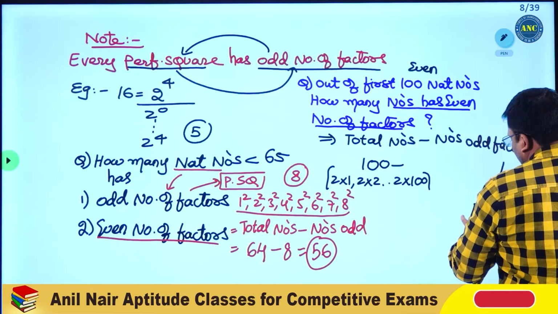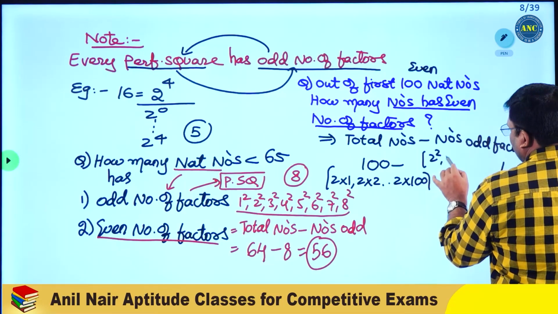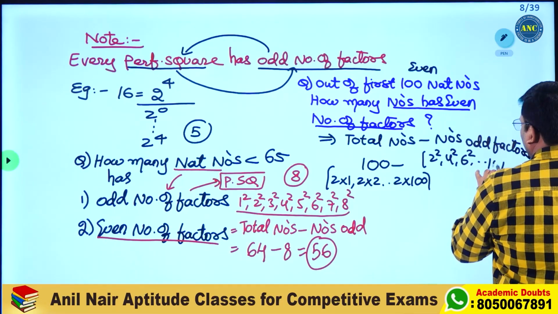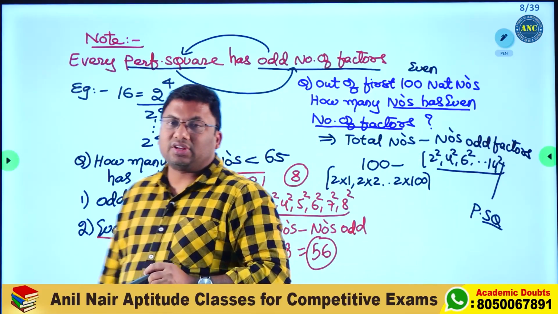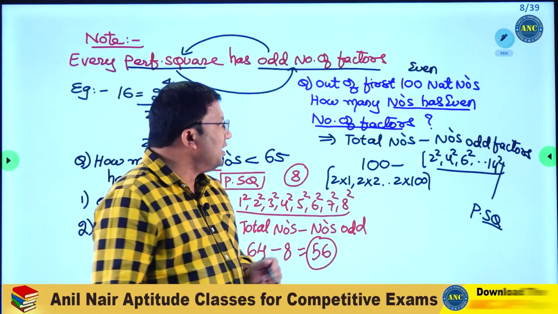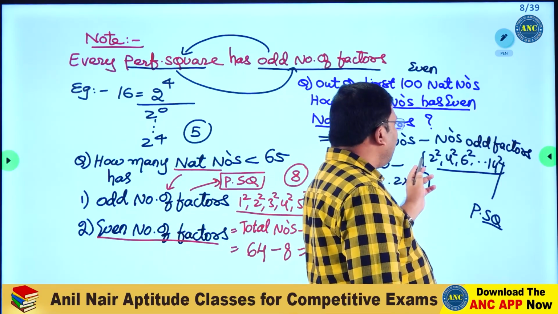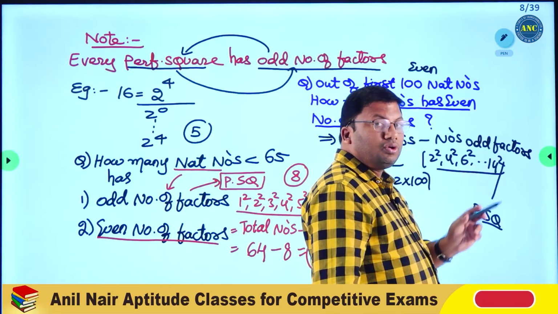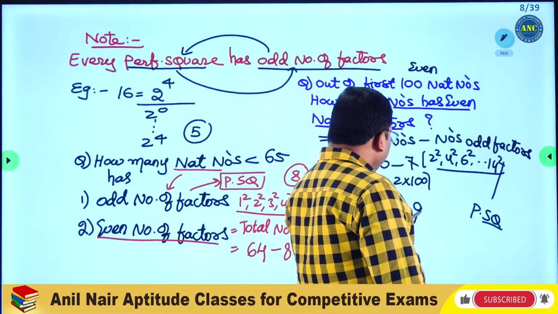Numbers with an odd number of factors will be perfect squares: 2 square, 4 square, 6 square and so on up to 14 square. Why are we not taking 1 square, 3 square, 5 square, 7 square? Because the question is about even natural numbers. 2 ones are 2, 2 sevens are 14. So 100 minus 7.